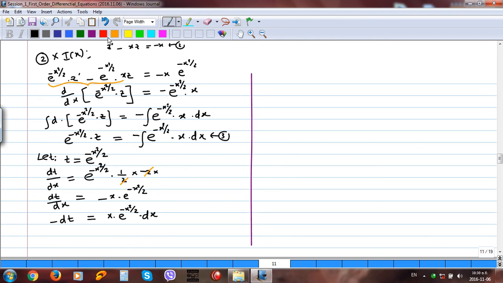So here we can create this. Look at this one and this one, both are the same.